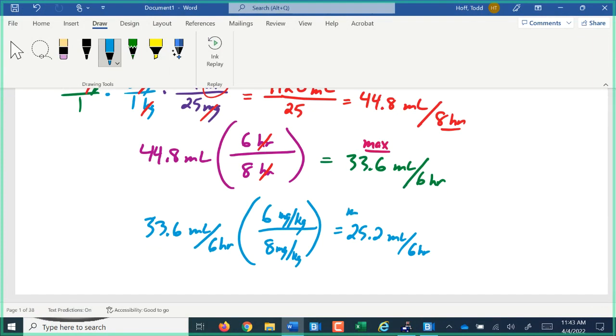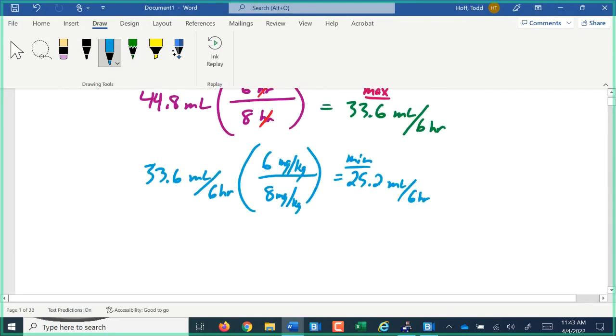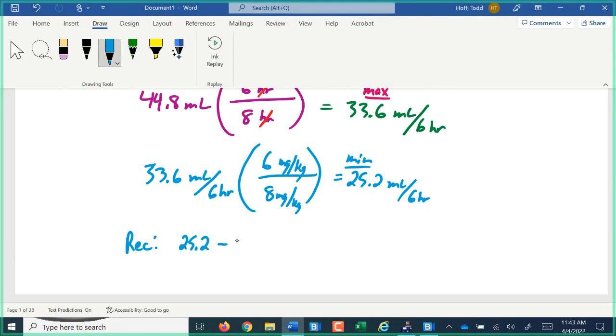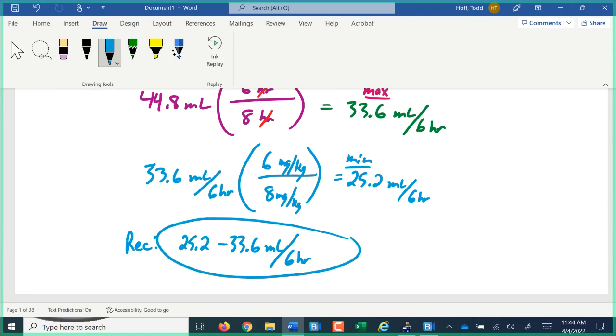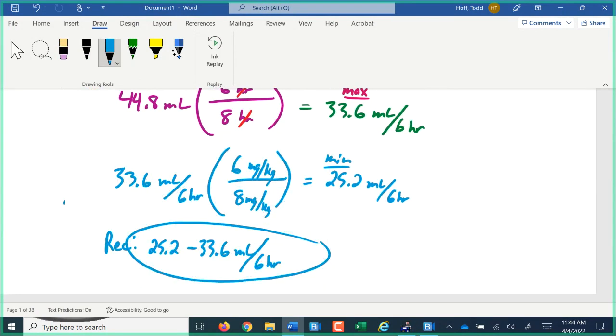That is the minimum dose. So for this patient, the recommended dose is 25.2 to 33.6 milliliters every 6 hours. So the doctor's order was outside of the recommended range.